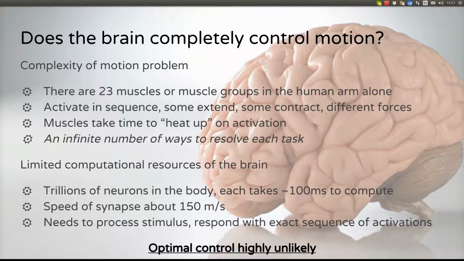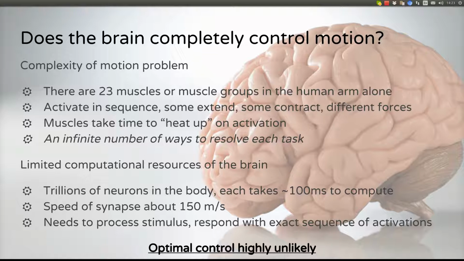But in truth, the brain probably can't control our motion. If we consider the complexity of motion, in our arm alone there are 23 muscles or muscle groups. Each one of these muscles has different functions. Some will extend and some will contract.